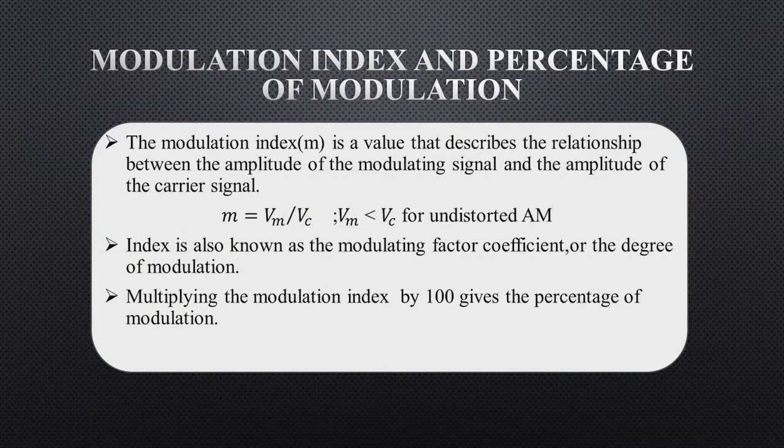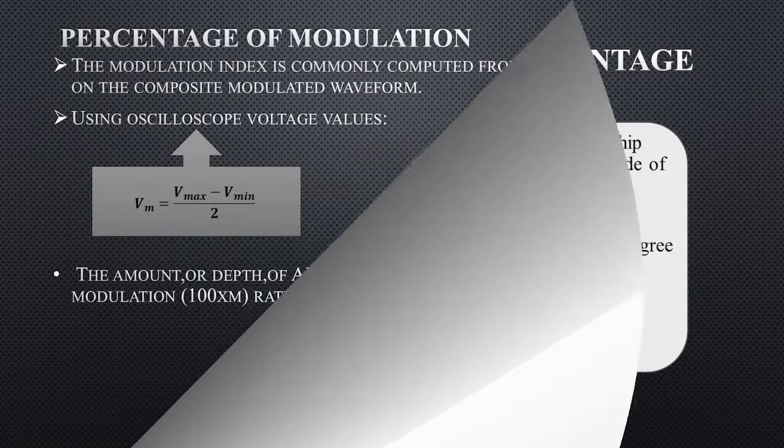Now we will be talking about the modulation index and percentage of modulation. The modulation index, M, is a value that describes the relationship between the amplitude of the modulating signal and the amplitude of the carrier signal. The index is also known as the modulating factor, coefficient, or the degree of modulation. Multiplying the modulation index by 100 gives the percentage of modulation.